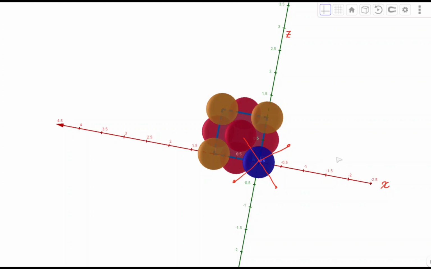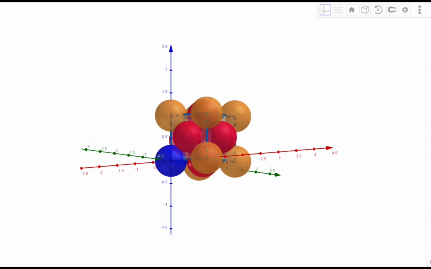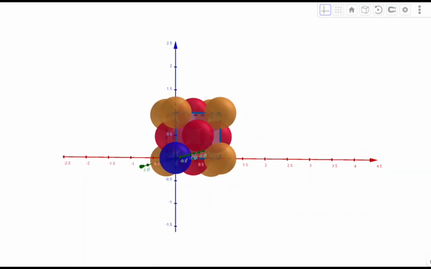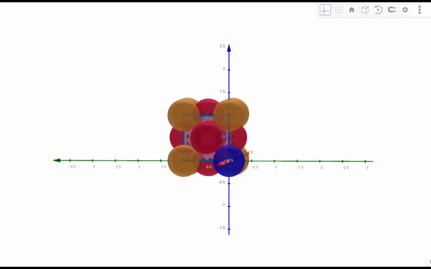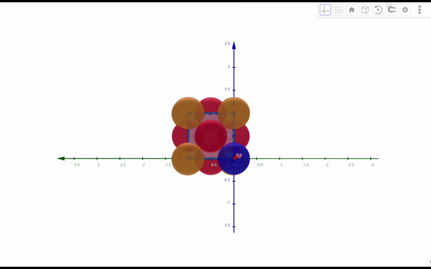And the last one in the yz plane, so this is z and this is y. We have this one here, this one, this one, this one.